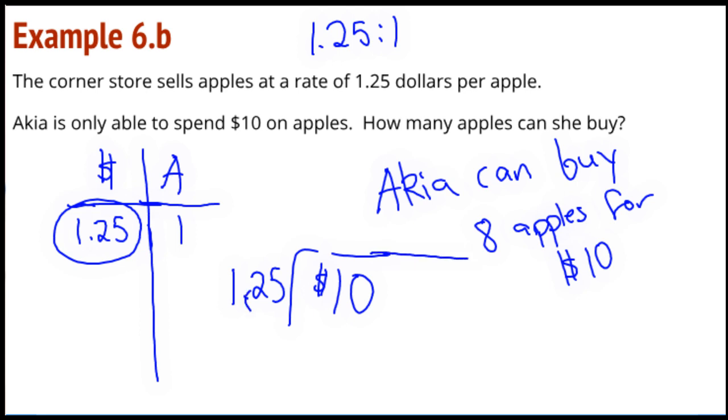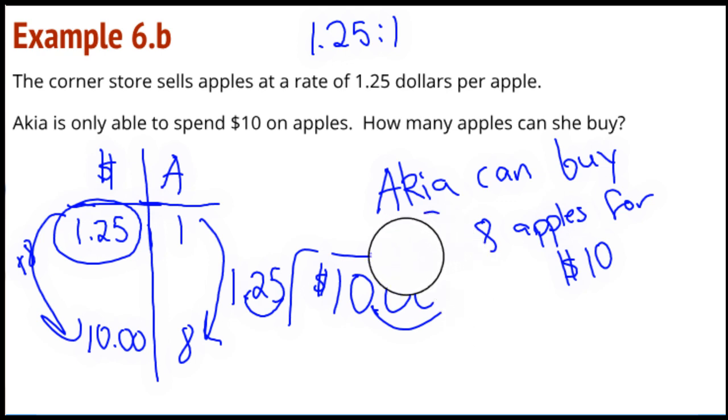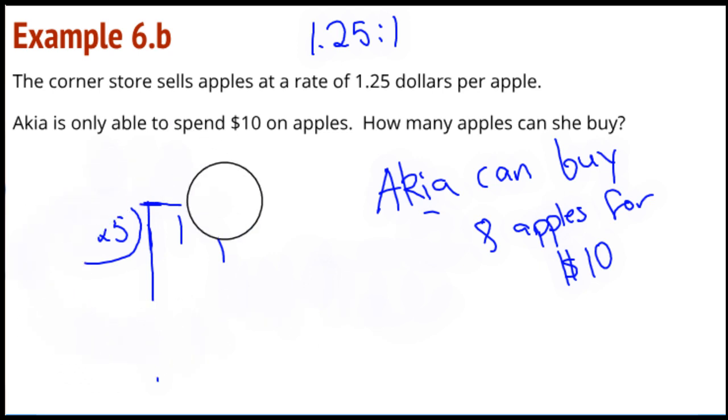And this is division we haven't so much practiced this year. But you wind up with 1,000 divided by 125 and you get 8. So I could scale this up by multiplying by 8 to get $10 and multiplying this by 8 to find out that there are 8 apples. But I really like the more simple scaling that I was doing of just moving the apples upward.